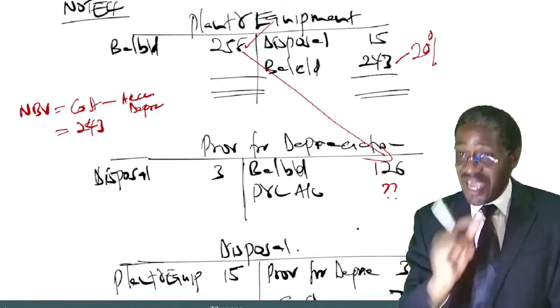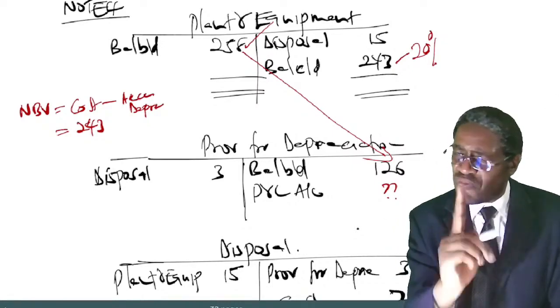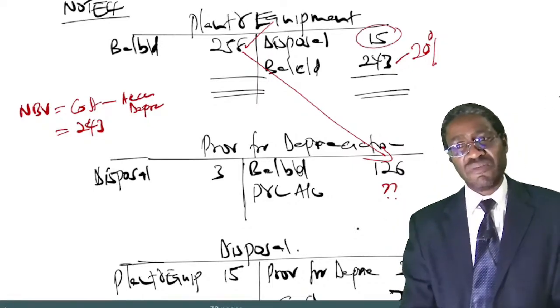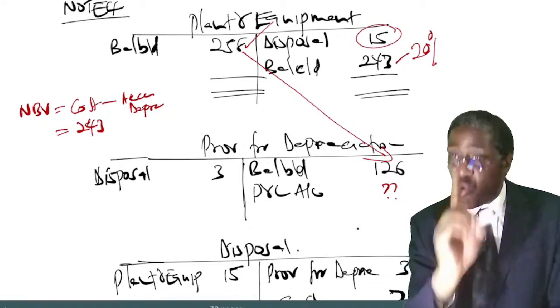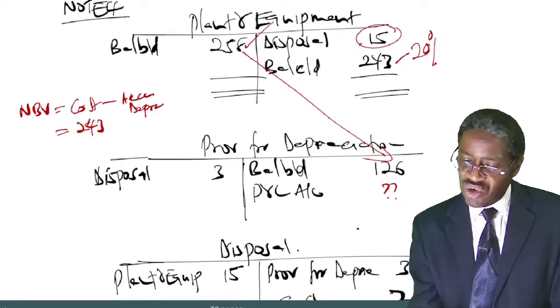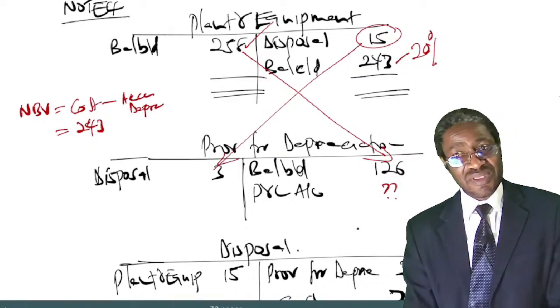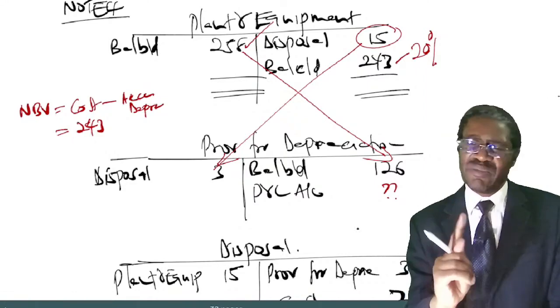Listen. Then out of the 258, we sold one whose cost is 15 and whose accumulated depreciation is 3 million. So what does it tell me?